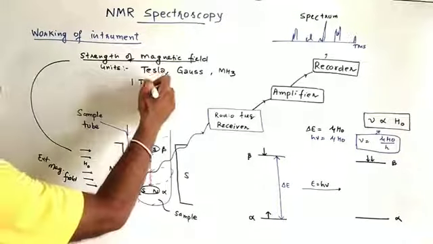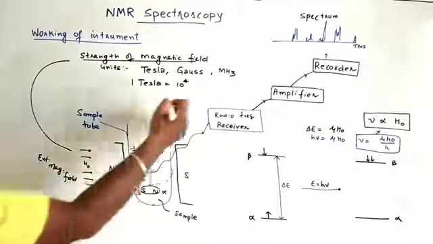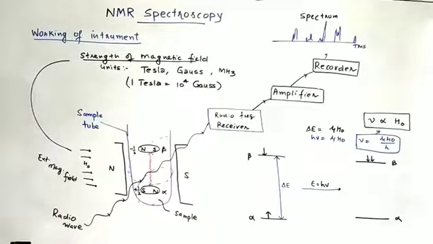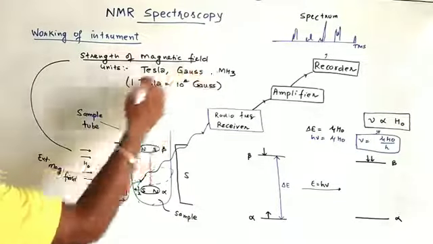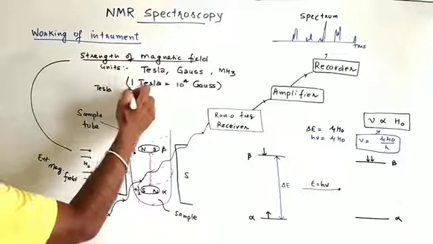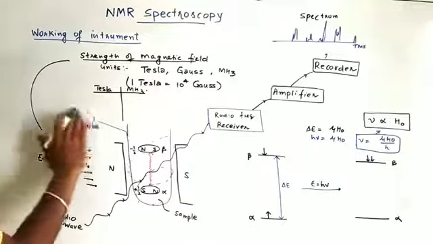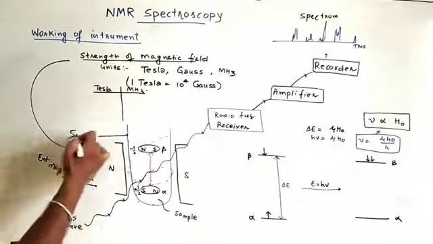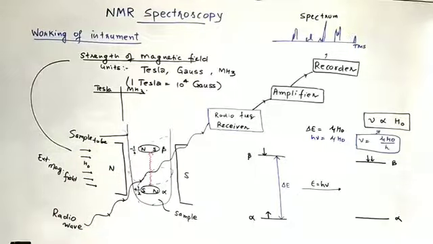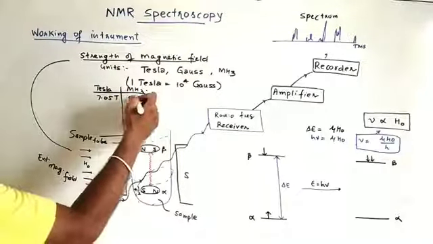So 1 Tesla is 10 raised to 4 Gauss. Now to compare Tesla and megahertz: if we have 7.05 Tesla, it is equivalent to 300 megahertz.